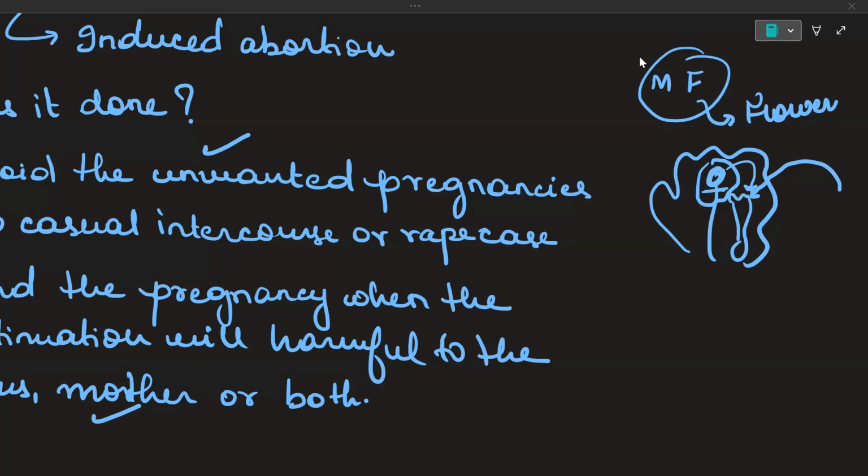How is xenogamy different from autogamy and geitonogamy? Xenogamy is cross pollination, and the other two are kind of self pollination. Very good. In xenogamy, genetic variation occurs. Now, why is cross pollination advantageous over self pollination?